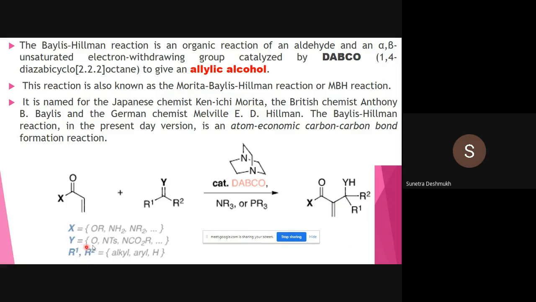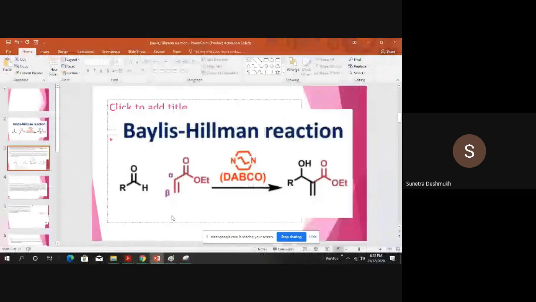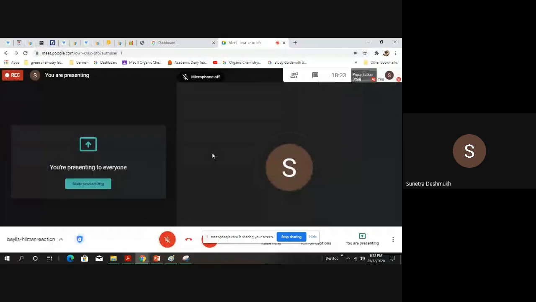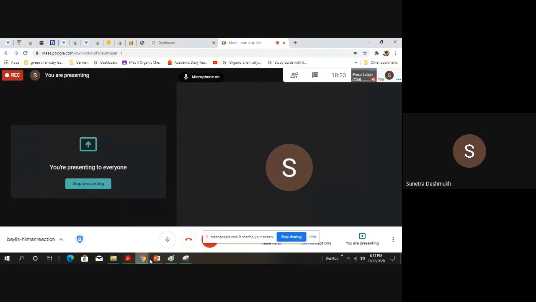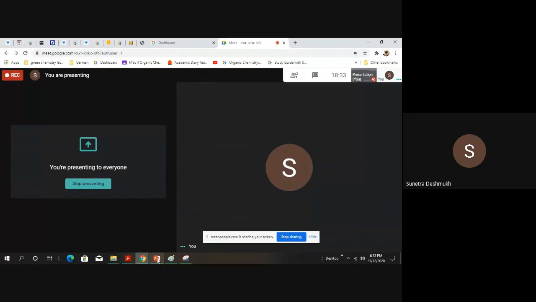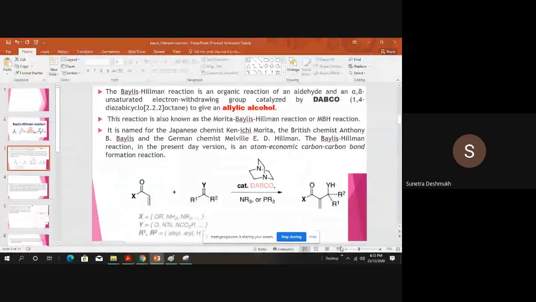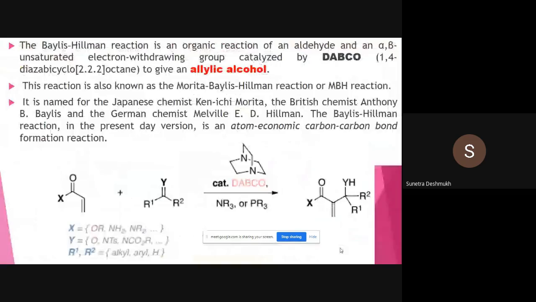Here I have given the substrate scope. In the alpha beta unsaturated carbonyl compound, X could be anything: OR, NH2, NR2. X could be OR, meaning this group could be an ester group.